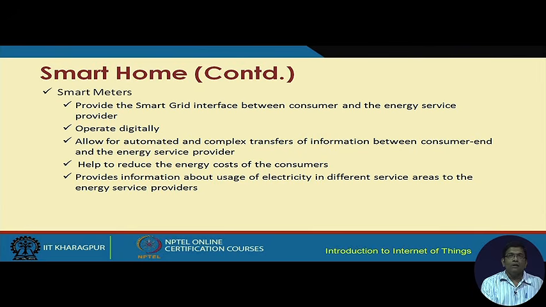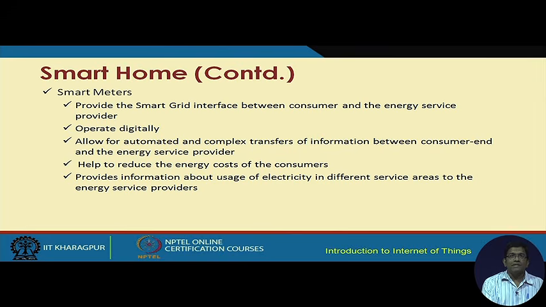In a smart home, one of the important components is the smart meter, and this is a programmable meter. This meter can be programmed in such a way that at different times of the day the different appliances can be enjoying the different loads of electricity at different rates.